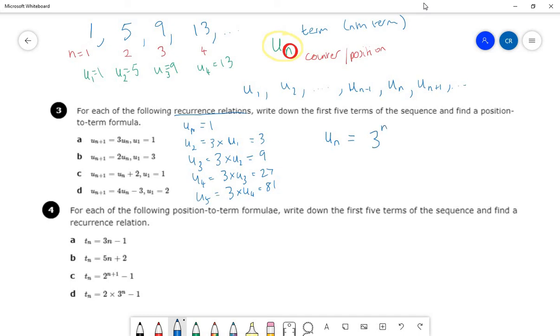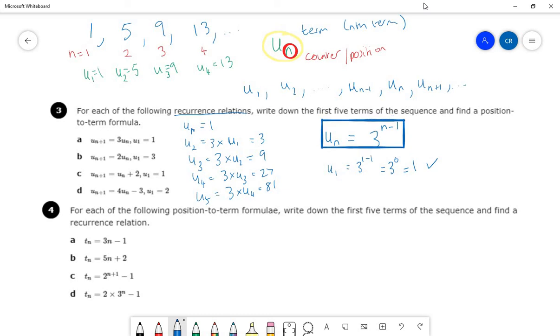Let's just check that. If we do the first term, u1 would be 3 to the power of 1, but that gives us 3, and we don't start on 3, that's our second term. So let's try the nth term is 3 to the n minus 1. Then that would give us 3 to the 0, which is indeed 1, which is right.